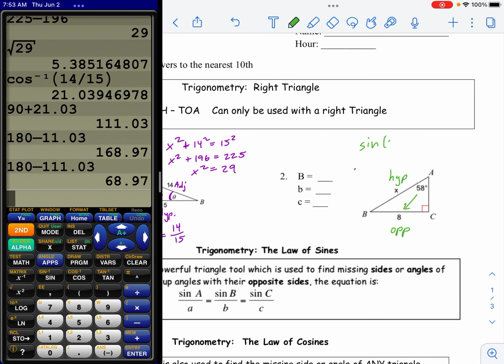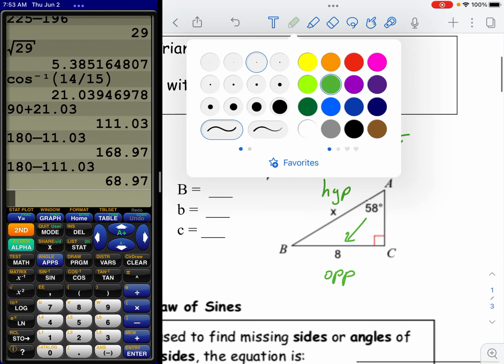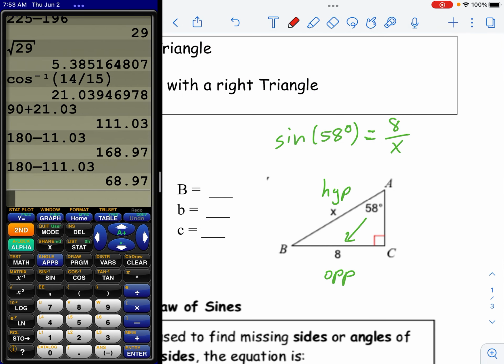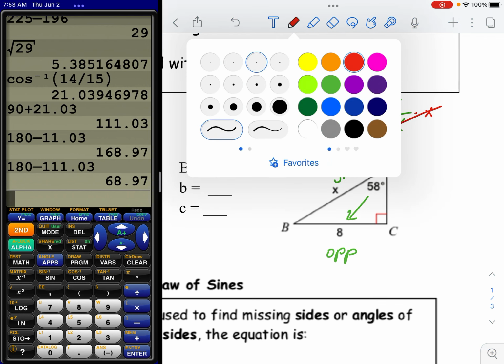The sine of 58 degrees equals 8 over x. When the x is on the bottom, remember what we did is we move it. I multiply the x over here, which moves it.